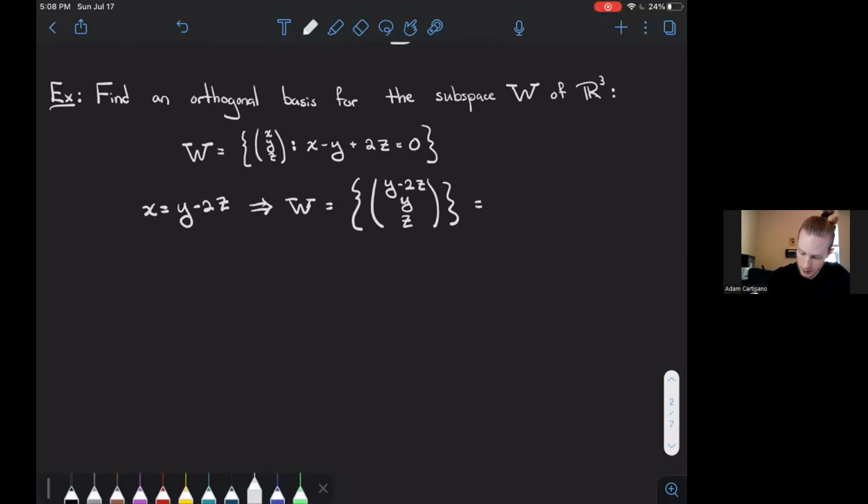So this is going to be the span of, well, if you can have any number for y, you'll have the vector 1, 1, 0. And if you can have any number for z, then the other vector is going to be negative 2, 0, 1. Great. This is two linearly independent vectors forming a basis for W.